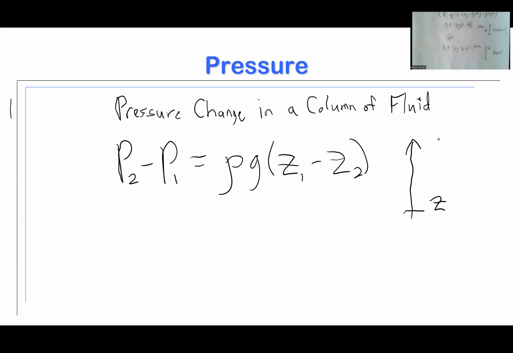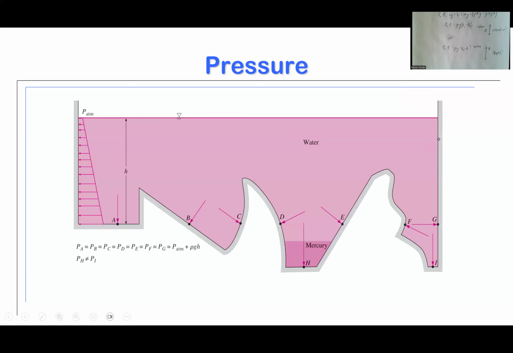So one is, you can see a diagram like this in your book. At least in our book. I'm sure if you're using a different book, you'll find something very similar. Notice down here there's an equation that says PA is equal to PB is equal to PC is equal to PD is equal to PE.